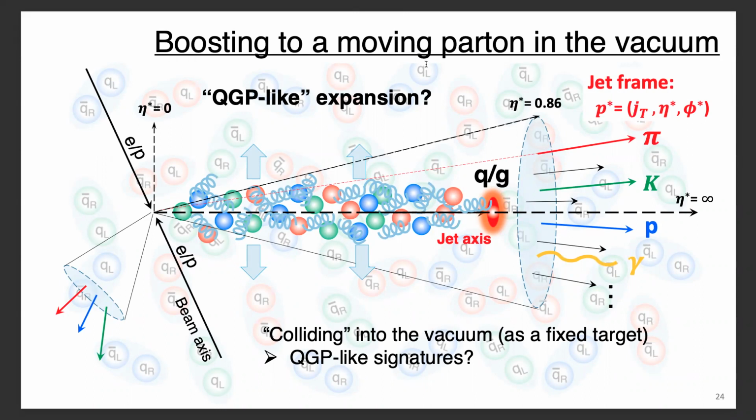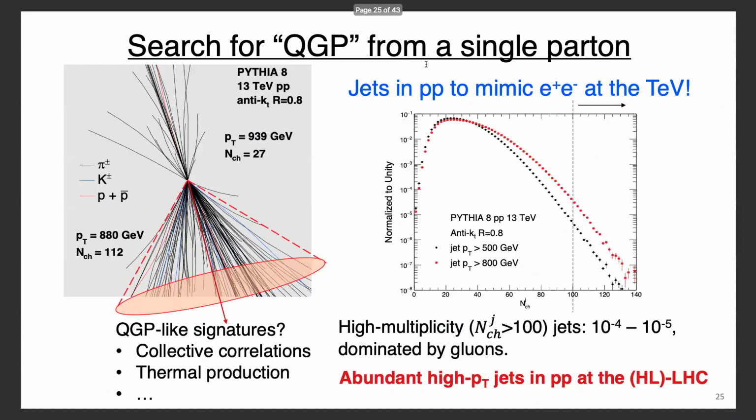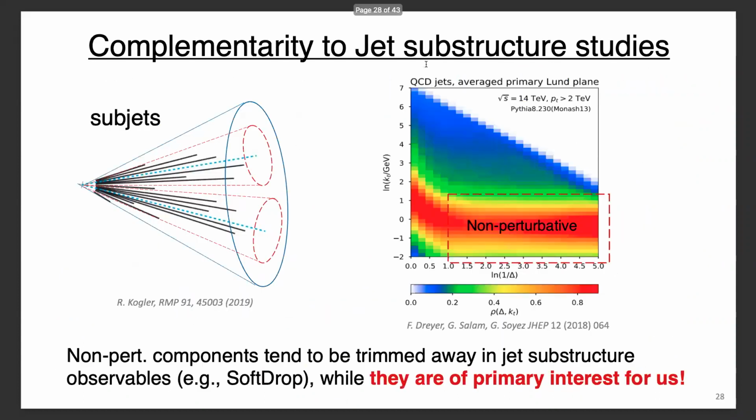They will rescatter and expand around the jet axis, the parton axis. So it's like an expansion around this axis. But it's some fluctuation that produces some angular asymmetry. Yeah, you need some initial fluctuation.